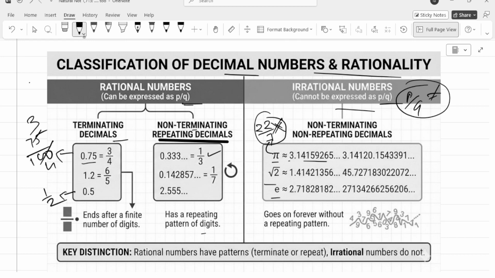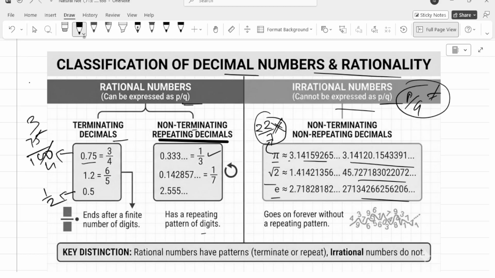And e is Euler's number, 2.71828 and so on. And we can clearly see the pattern, there is no repeating. So the property of an irrational number is non-terminating and non-repeating. That is the difference from a rational number.